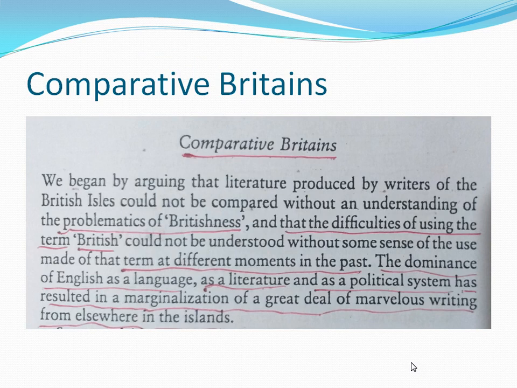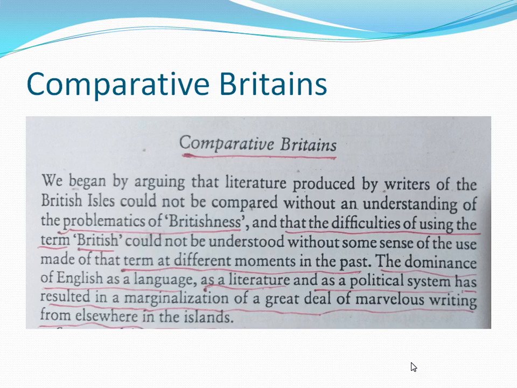We begin by arguing the literature produced by writers of the British Isles could be compared without any understanding of the problematic of Britishness, and that the difficulties of using the term British could not be understood without some sense of the use made of that term at different moments in the past.